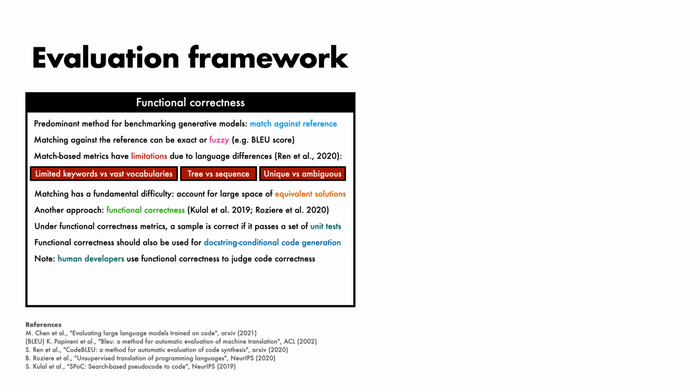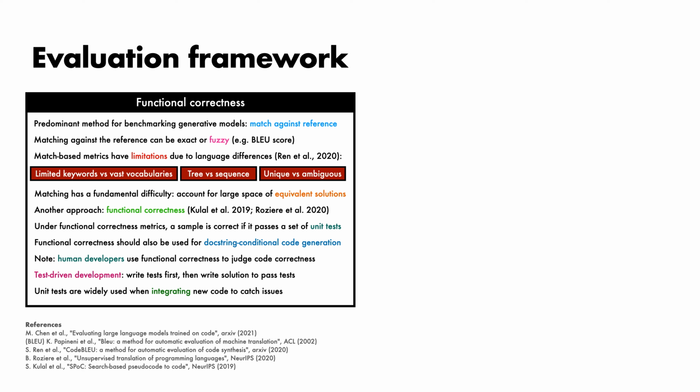Perhaps the best known instantiation of this idea is the test-driven development methodology, which advocates for writing tests before implementation, then developing the program to pass the tests. More broadly, unit tests are widely used by human developers when integrating new code to catch issues.